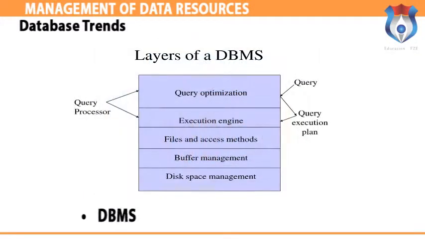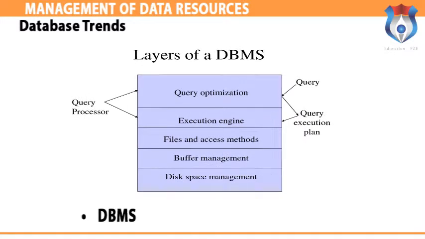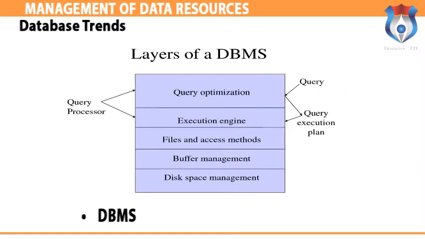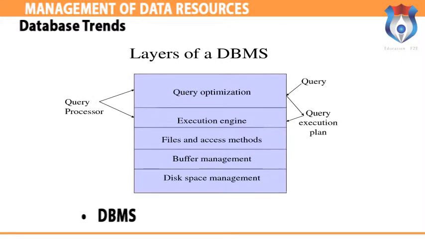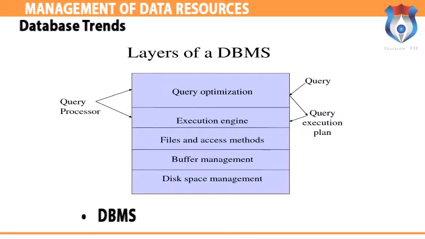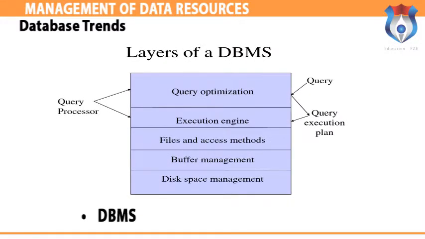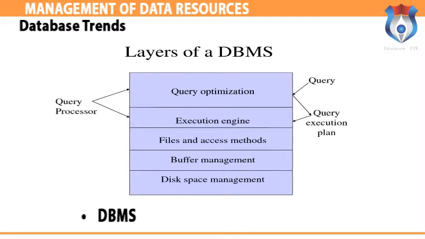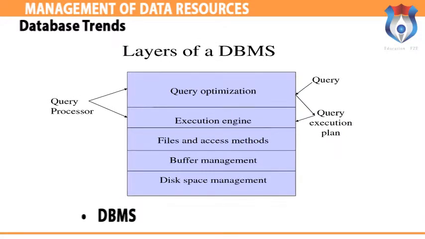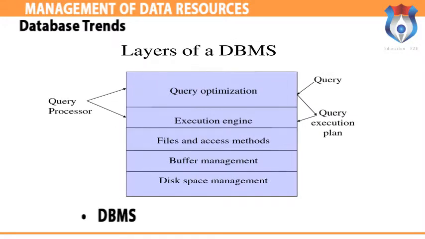A DBMS is a collection of programs that enables you to store, modify, and extract information from a database. There are many different types of DBMS, ranging from small systems that run on personal computers to huge systems that run on mainframes.